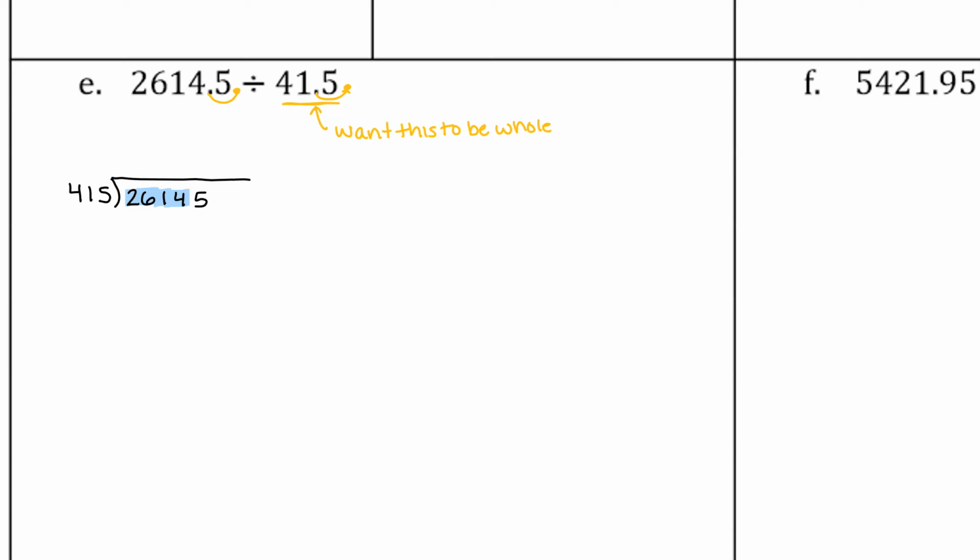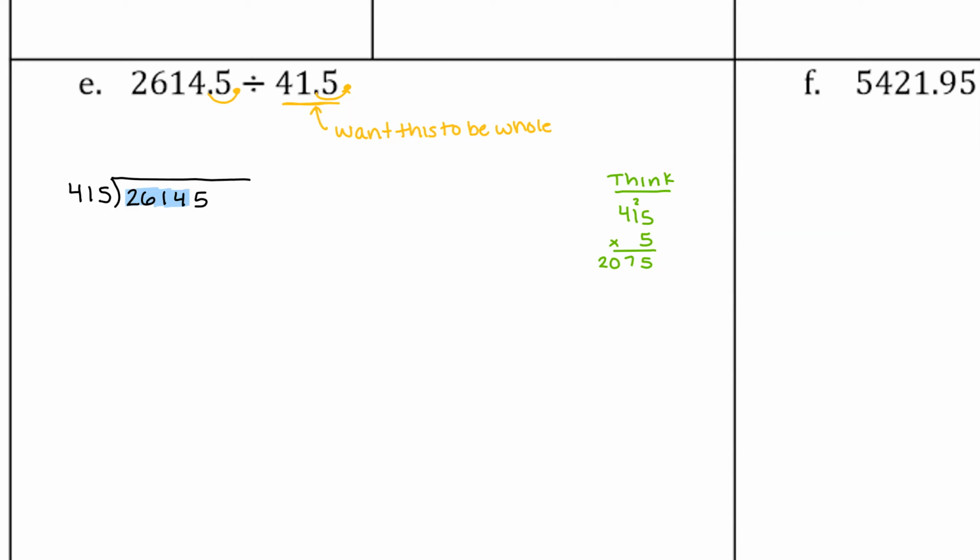So let's see. Now here, we're just going to guess, right? Like, let's guess 5. So on the right here, I'm going to do a couple think steps. 415 times 5 would be, let's see, 5 times 5 is 25, carry the 2, 7, 5 times 4 is 20. 2075, so 2075.